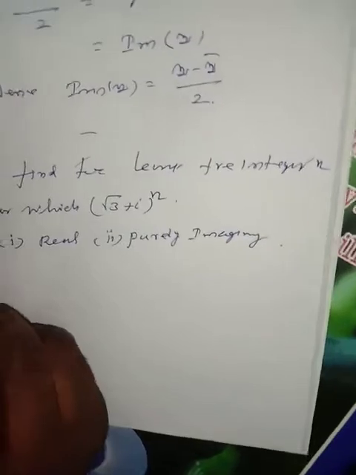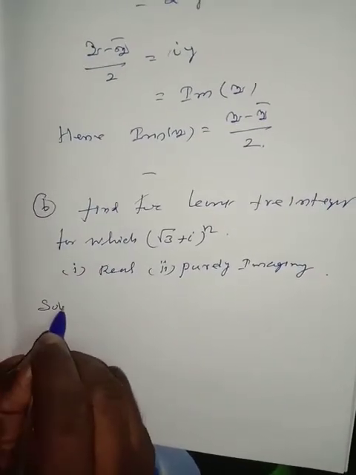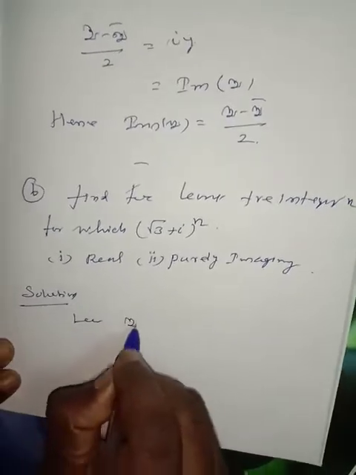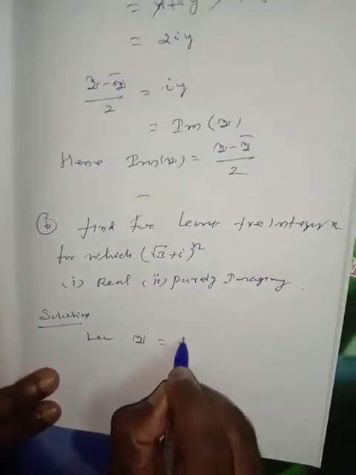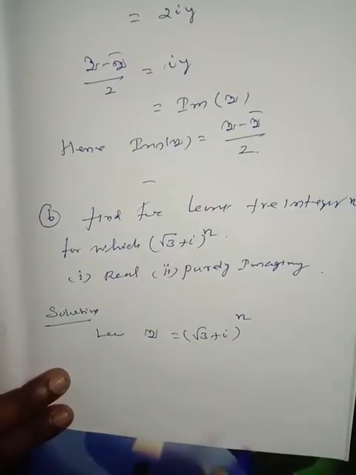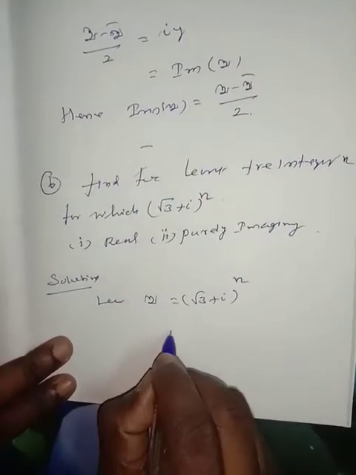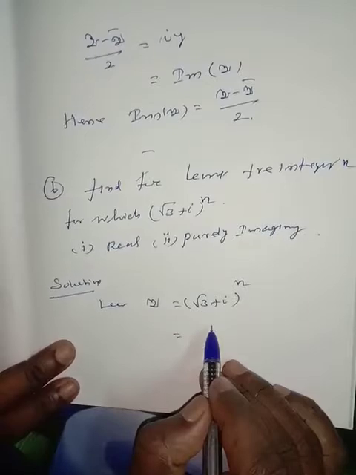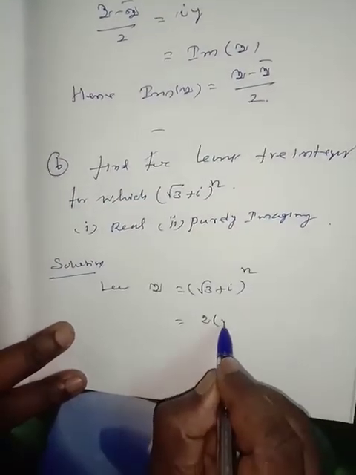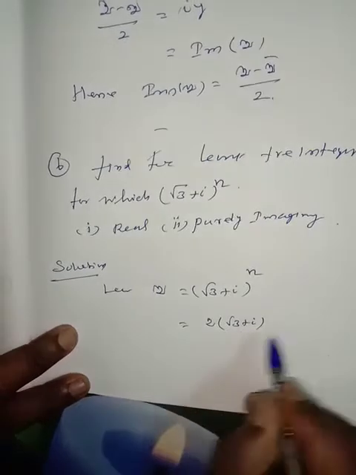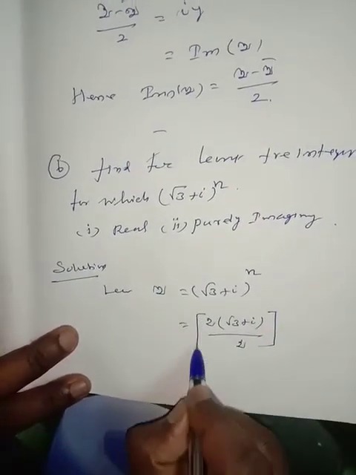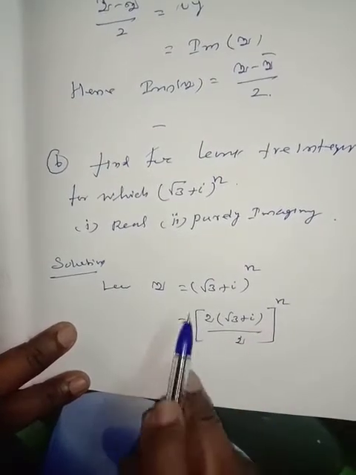Let solution. Let z is equal to (root 3 plus i) whole to the power of n. Multiply by 2, divide by 2, there is no change. 2 into (root 3 plus i) divided by 2 whole to the power of n. There is no change. Why?